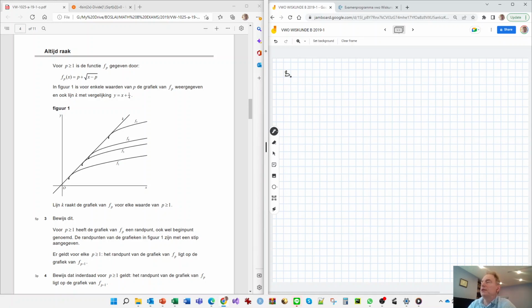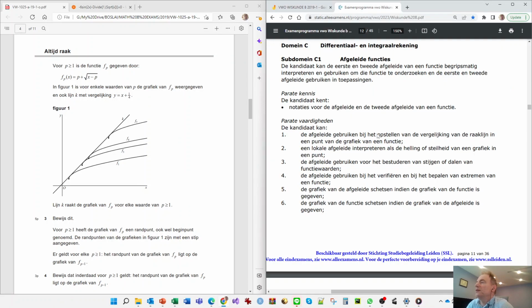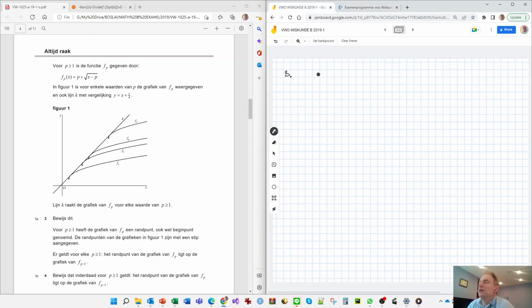So this skill is related to the tangent, and that's also how to use the derivative to find the tangent of a function. Subdomain C1.